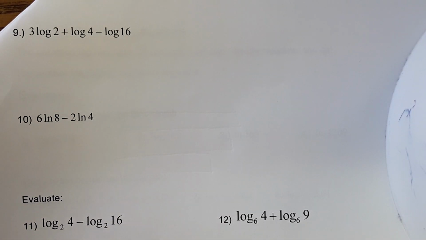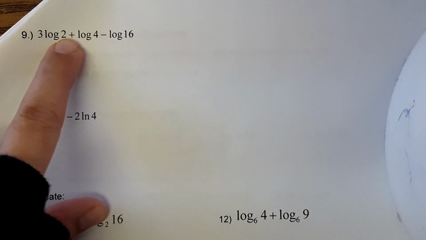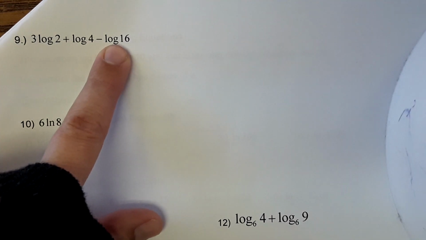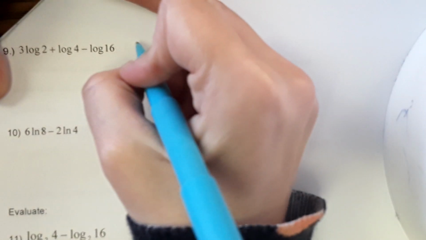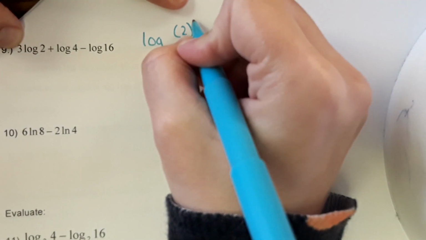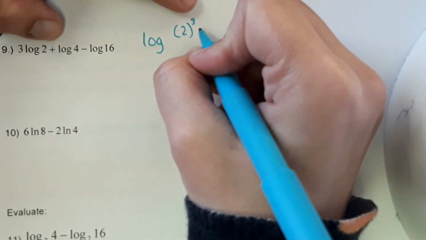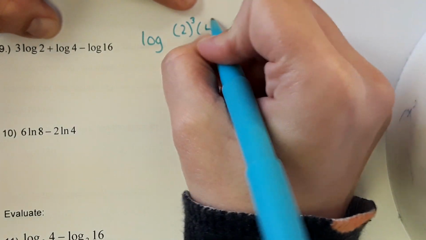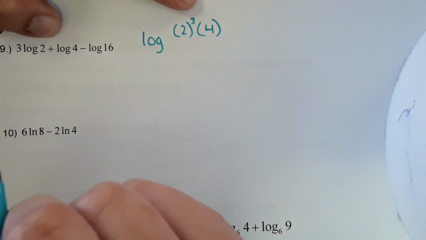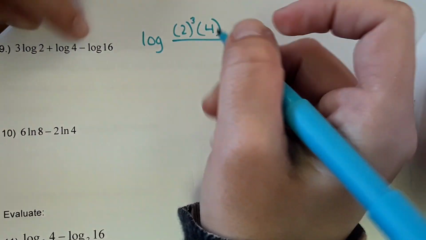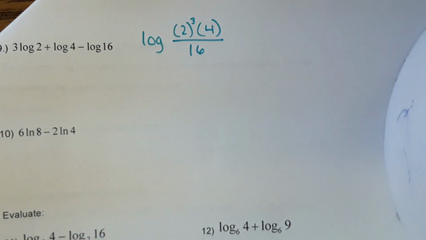Okay, so number 9, we have the addition, meaning multiplication, and then the subtraction, meaning division. So we have log 2 raised to the 3rd power times 4 over 16.